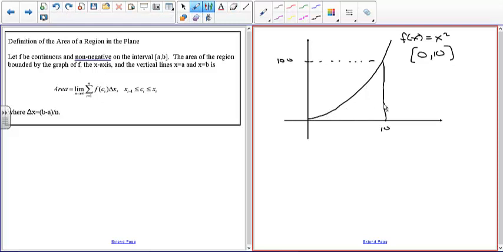And what I'm going to do is draw a little rectangle here. The width of the rectangle is going to be dx. And the height of the rectangle is at some x value, x sub i, and then the value of the function is going to be f of x sub i. So that's the height of the rectangle. This is the width of the rectangle.